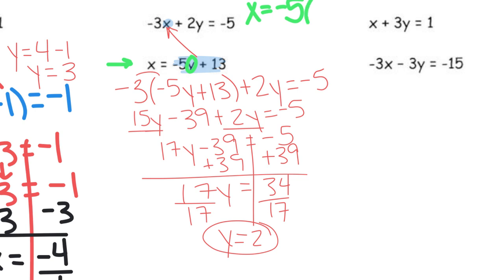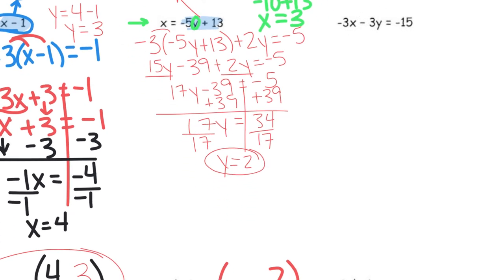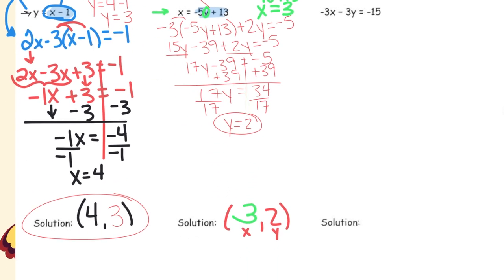What are we putting in place of y? 2 plus 13. -5 times 2. -10 plus 13 is 3, x is 3. So when we write our solution, 3, 2.